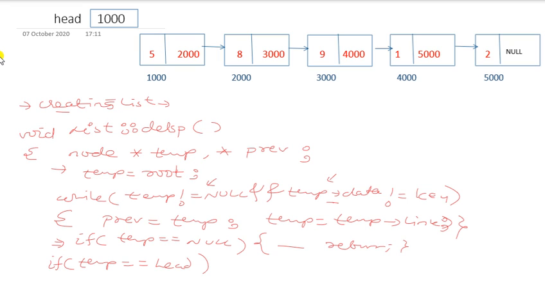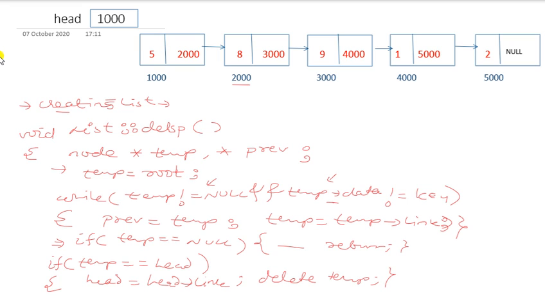In that case, your head gets modified. That's why you have to deal with this specially. New head will be head link. Whatever head link, this 2000, will become the new head node. And then simply delete temp. Temp is pointing to this 1000, so you can delete this 1000. This is the special case.